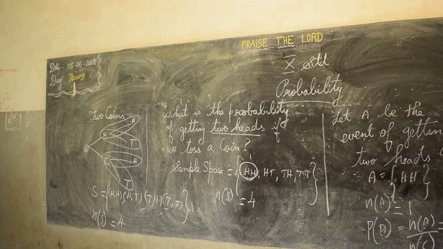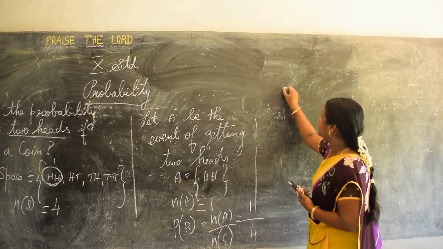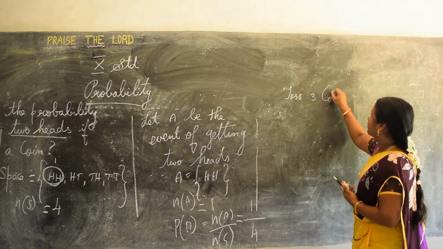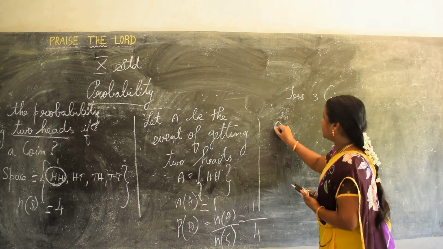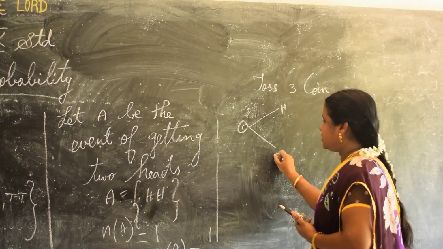See here, with the help of a tree diagram I will explain clearly. If you toss 3 coins, see here, if you toss 1 coin, what will you get? Head, tail.